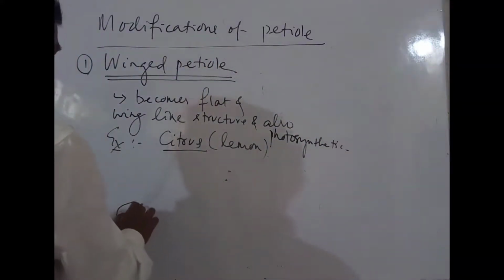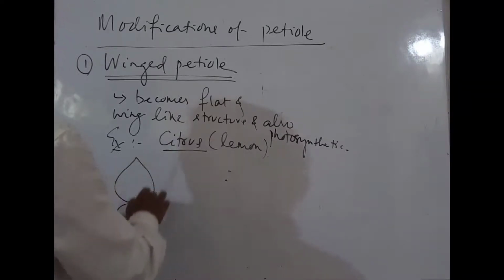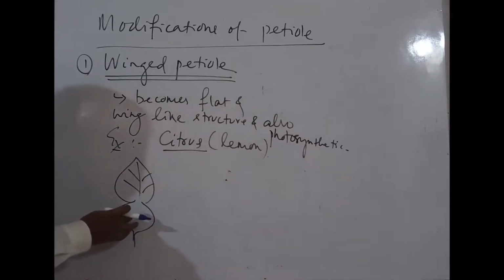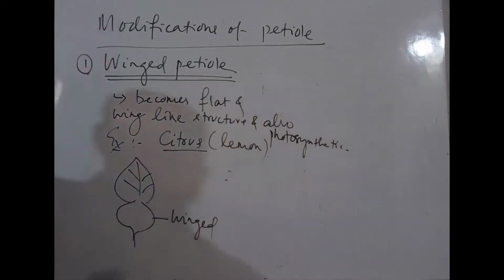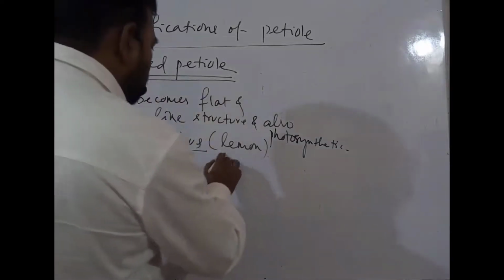This is the petiole and this is the lamina. This petiole, instead of stalk, is a winged petiole. Instead of stalk, it appears as a green, flat and wing-like photosynthetic structure. Example is lemon and orange.